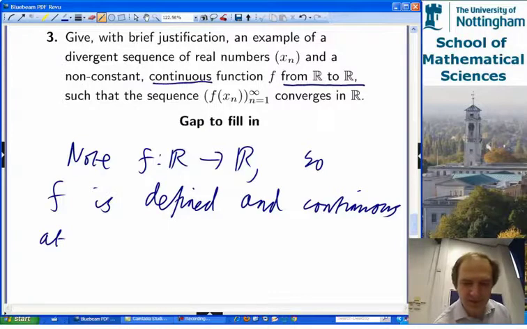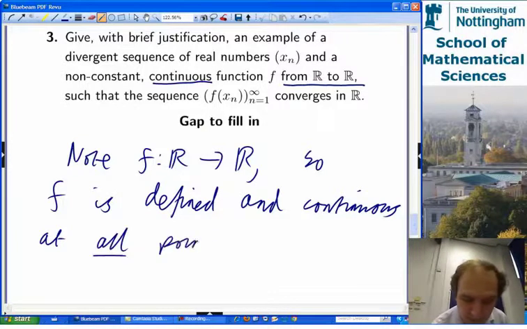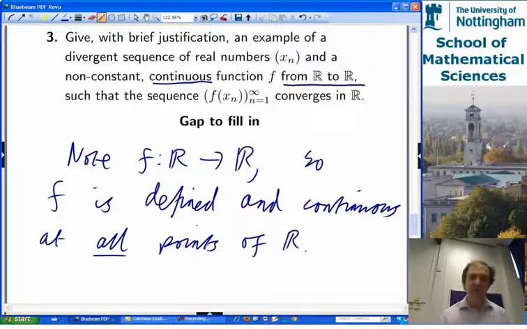Because it's continuous, remember, it's defined and continuous at all points of the real line. So you've got to give me, and there's lots of different ways to do this, your favourite continuous function from the real line to the real line, but it mustn't be constant. That would be too easy.